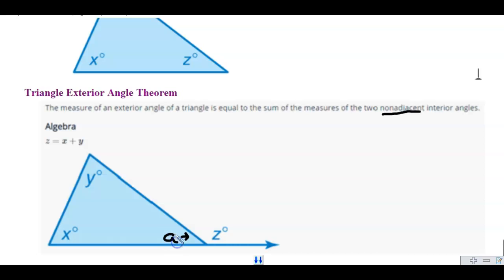Let's call it A. So A plus Z equals 180. But A plus these two, X and Y, also equal 180. So X plus Y has to add up to equal Z.